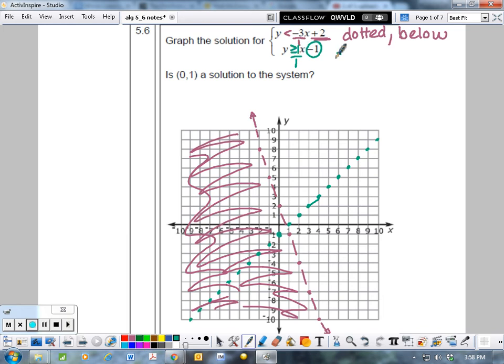Because it's or equal to, it's going to be a solid line. And then because it's greater than, I'm going to shade above that line. So everything above this line, see solid, and everything above this line is shaded.